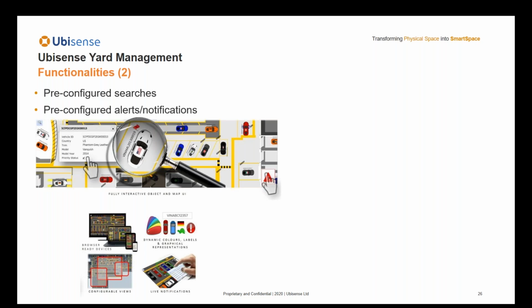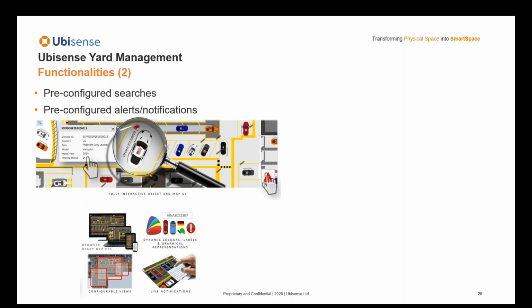Some other functionalities. Usually when you are looking for things, you need maps and search functionalities. We have maps that are available on any web browser device, such as PDA or tablet, phones, or desktops. We also have alerts and notifications that I will show you in the demo.